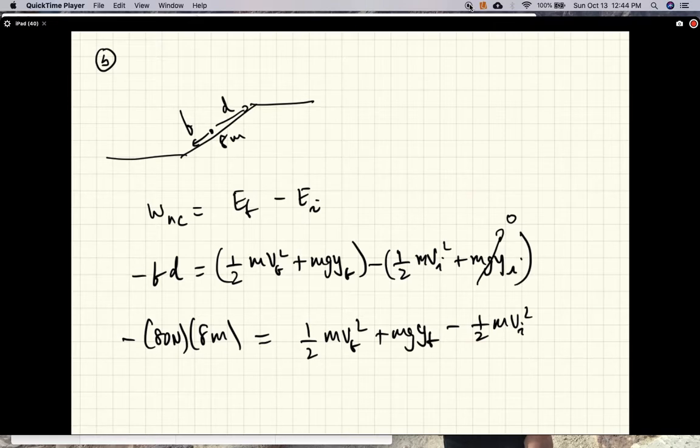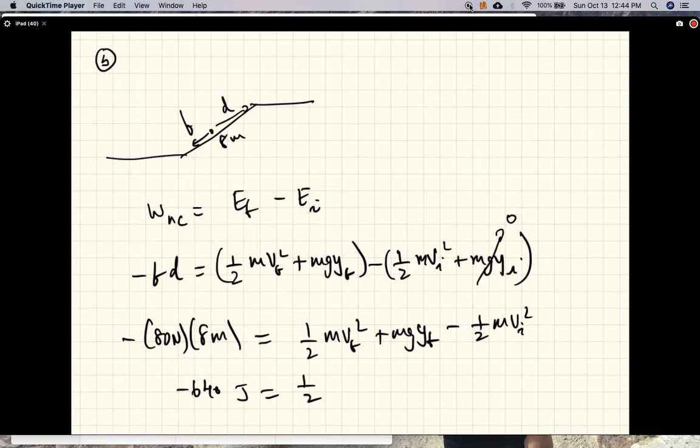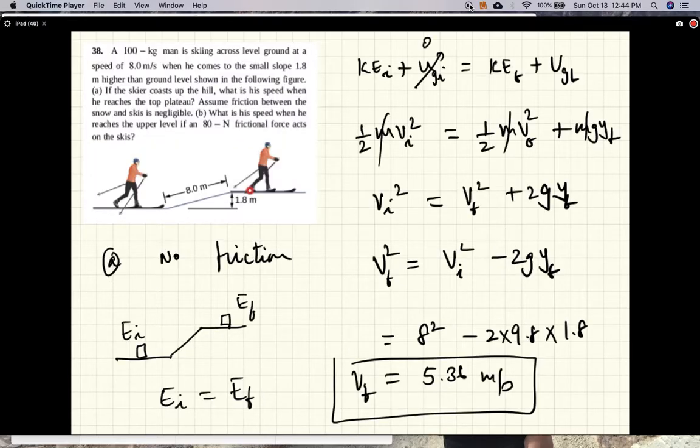Alright, so let's put in the numbers. 8 squared is 64, minus 640 joules is equal to half the mass of the skier, which is 100 kg, and this is equal to mg y final. y final is 1.8 meters.